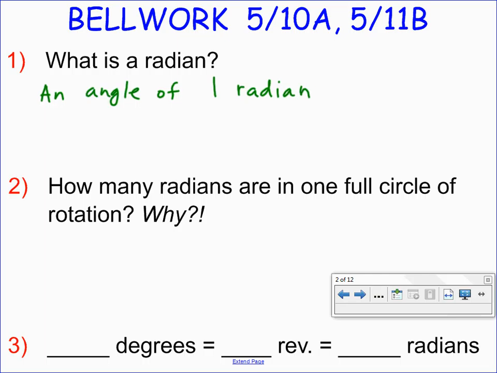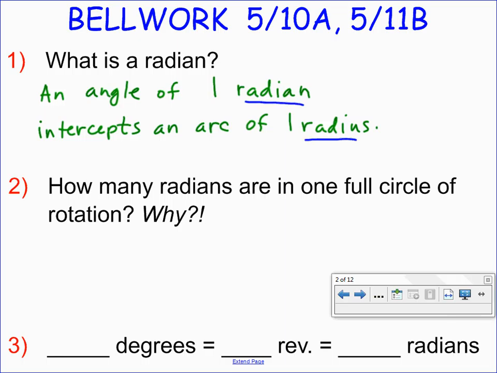So an angle of 1 radian intercepts an arc length of exactly 1 radius. And we can see here our radian and radius connection.